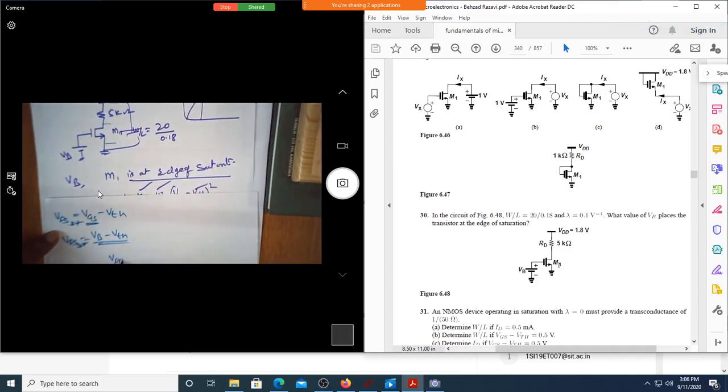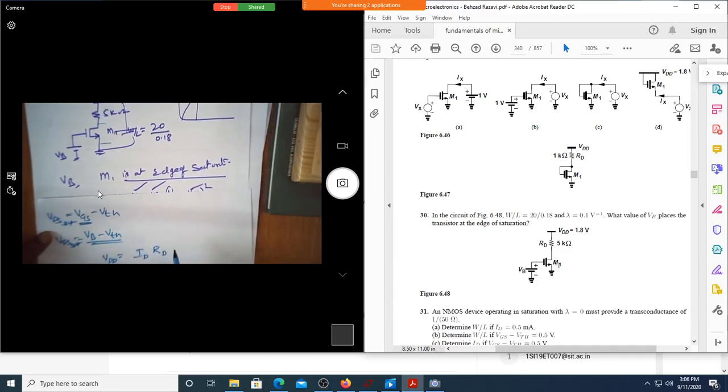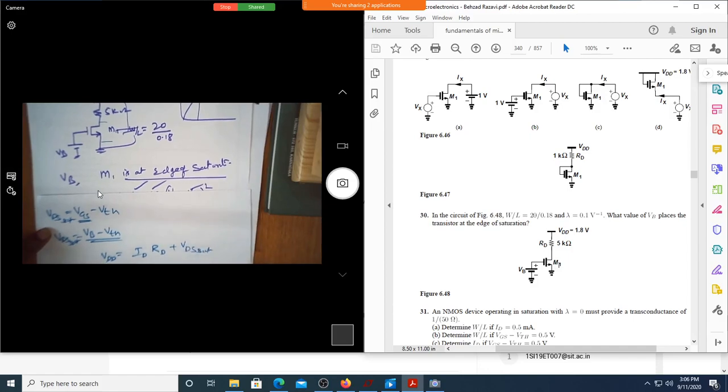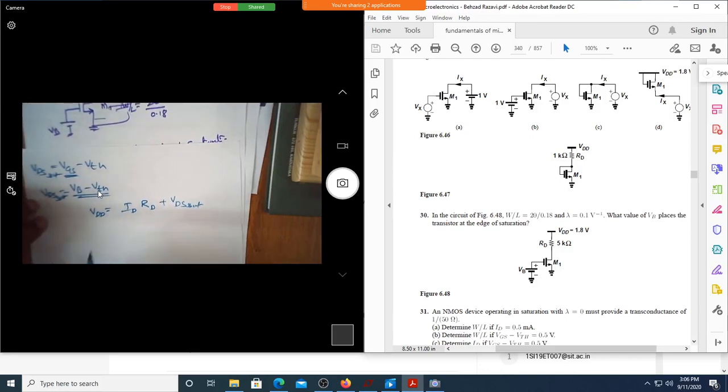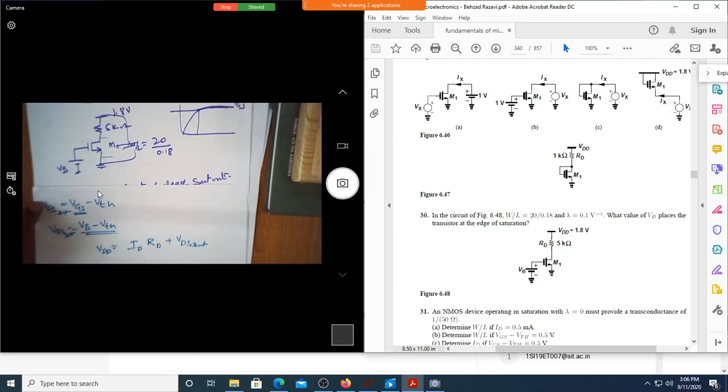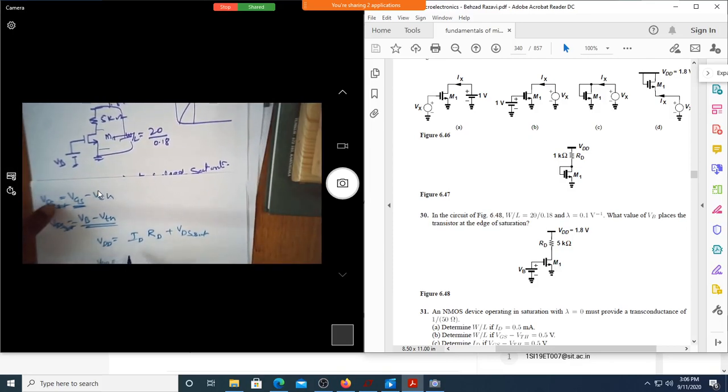Now, shall I write the KVL for this equation? Yes, sir. VDD is equal to ID into RD, that is 5 kilo ohm, plus VDS sat. Correct? Yes, sir. Now VDD we know. What is ID now? ID we don't know. ID is not given. So shall we write the expression for ID in terms of MOSFET when it is in saturation?